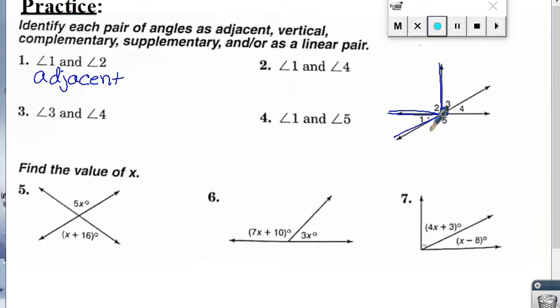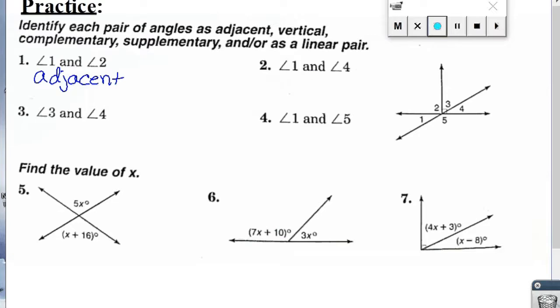So I cannot necessarily say that they're complementary. The same problem comes up with supplementary. If they're adjacent and supplementary, they're going to form a linear pair. Angles 1 and 2 don't look like they do that, so we cannot make that assumption from this diagram. So all we can say is that angles 1 and 2 are adjacent.